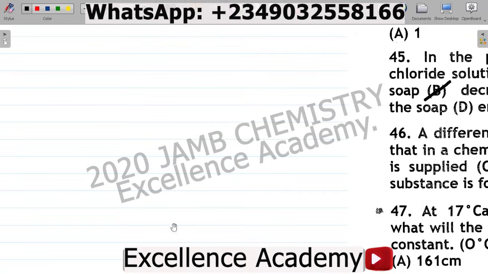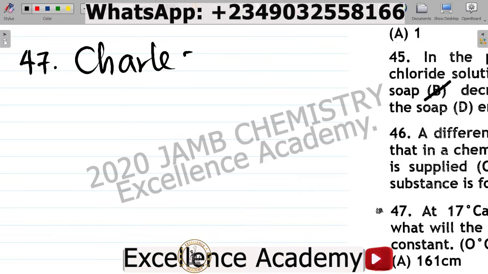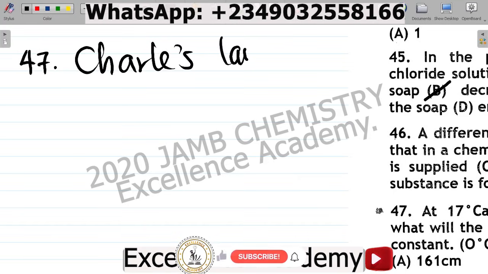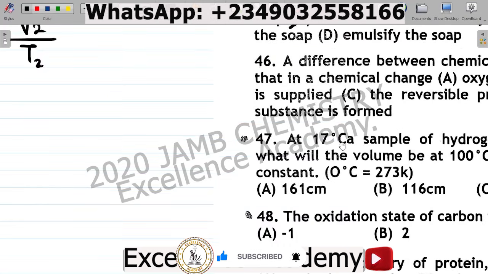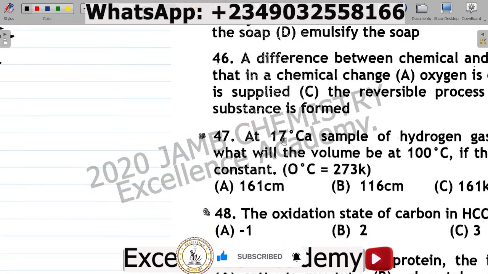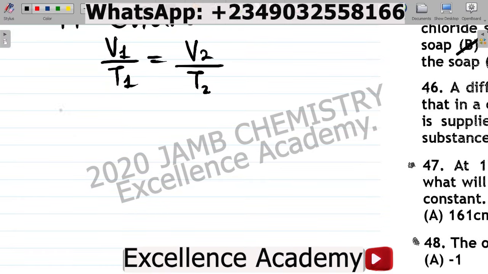From Charles' law, we know that V1 all over T1 is equal to V2 all over T2. So from this, we can see that T1 is equal to 17 degrees Celsius. Let's convert this to Kelvin.